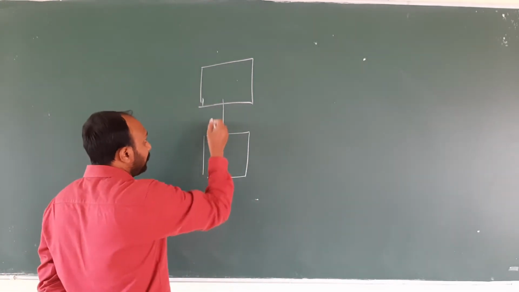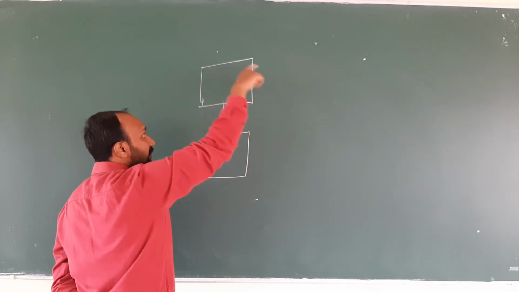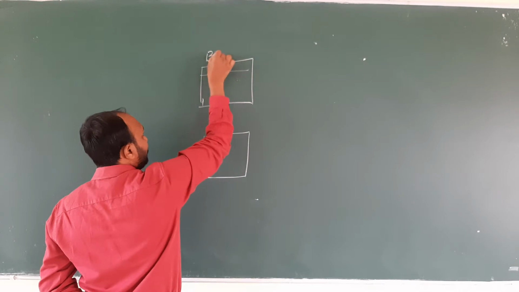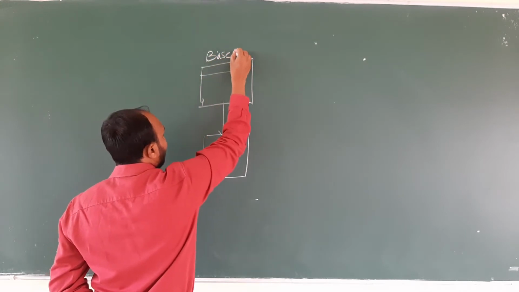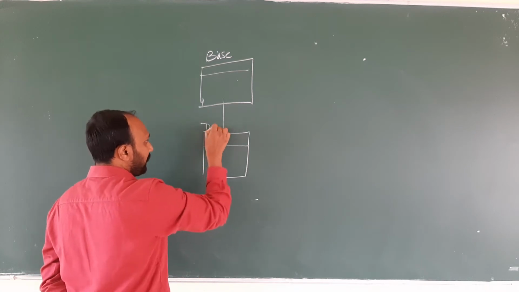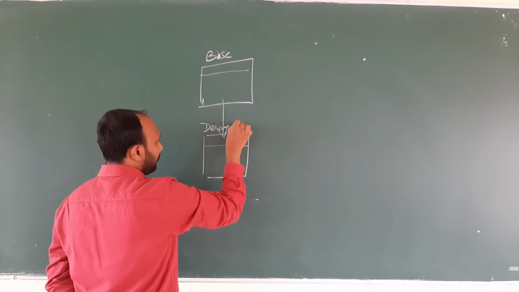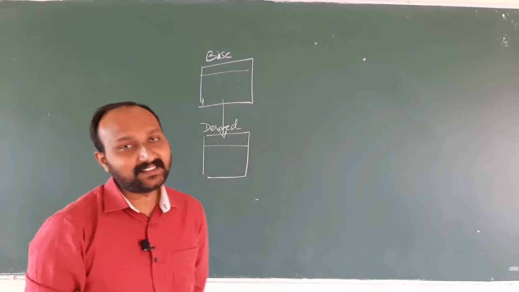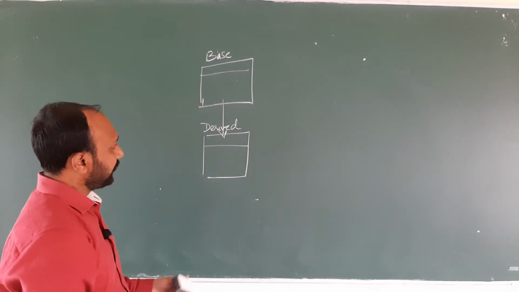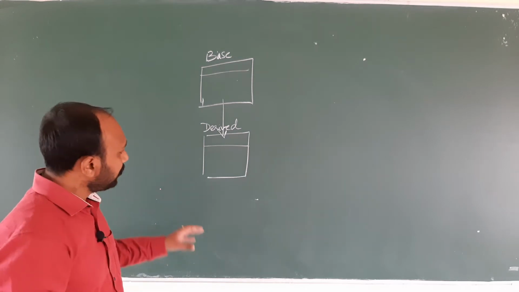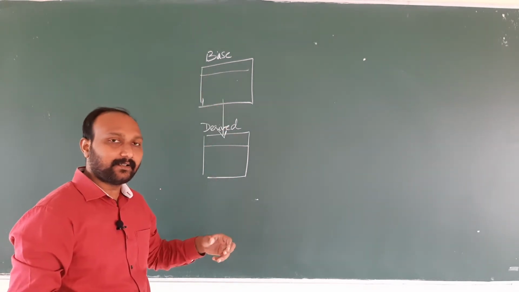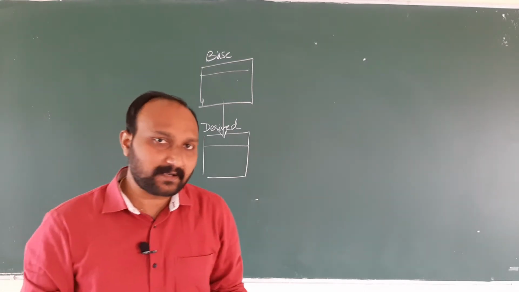So here the old class from which we will be inheriting the properties is referred to by the name base class, and the new class is referred to by the name derived class. What is it called? It is called a derived class. Next, we have also studied that inheritance can be done using different visibility modes.